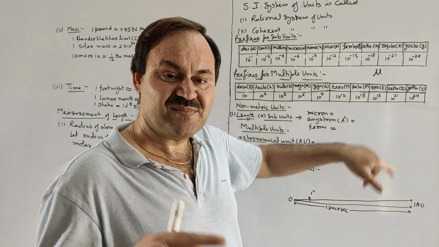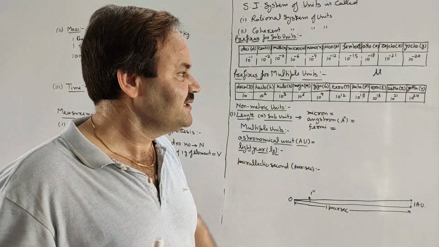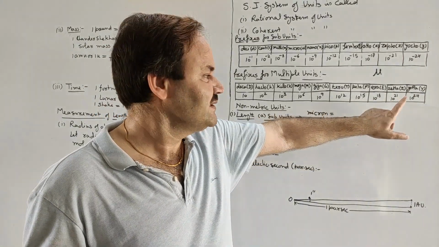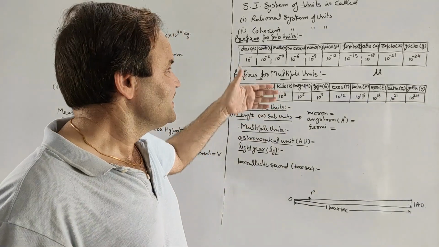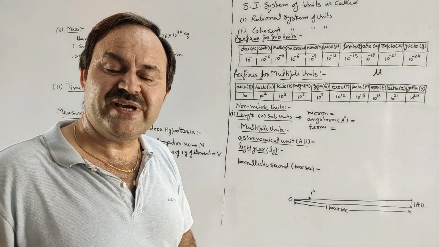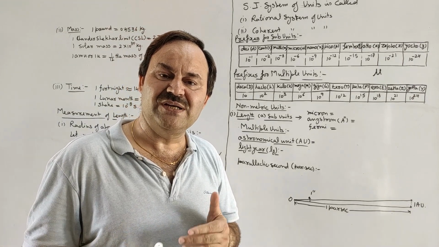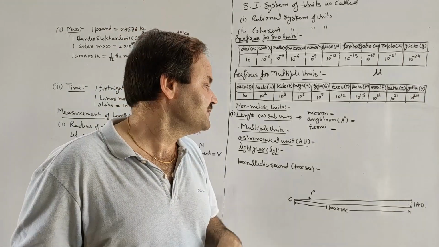Now exa is 10 to the power 18, then zeta 10 to the power 21, and then yota 10 to the power 24. It means using these prefixes we can obtain sub and multiple units of a physical quantity.